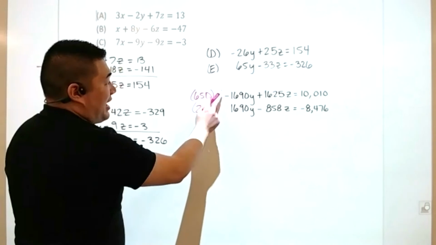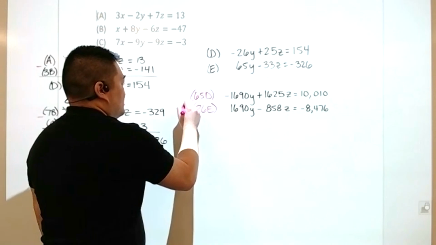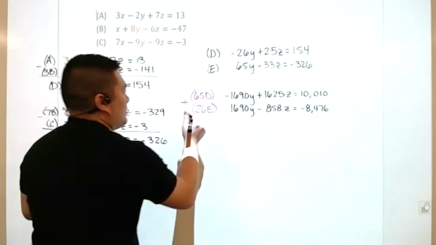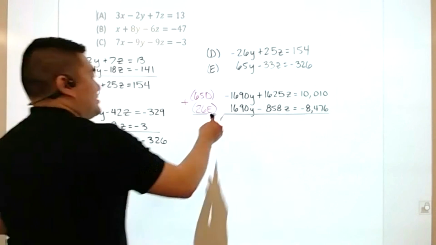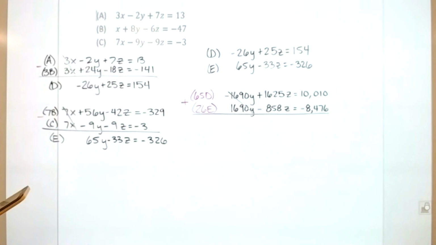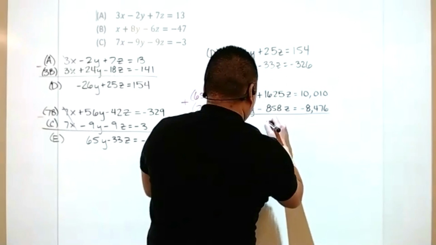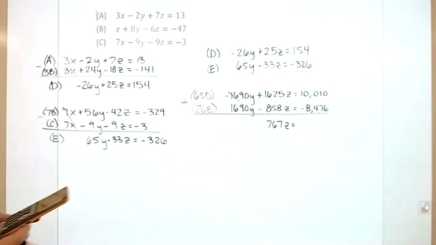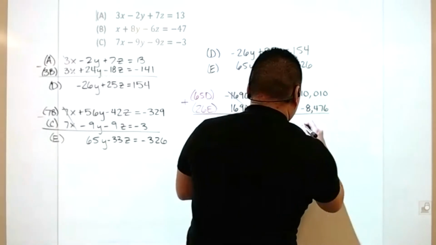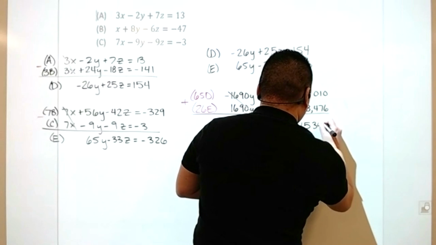I'm getting rid of the y's. They're opposite signs this time, so I'm going to add these two equations together. Doing so eliminates the y, and I'm going to have 1625 plus a negative 858 is 767z equals 10,010 plus a negative 8,476 is 1,534.